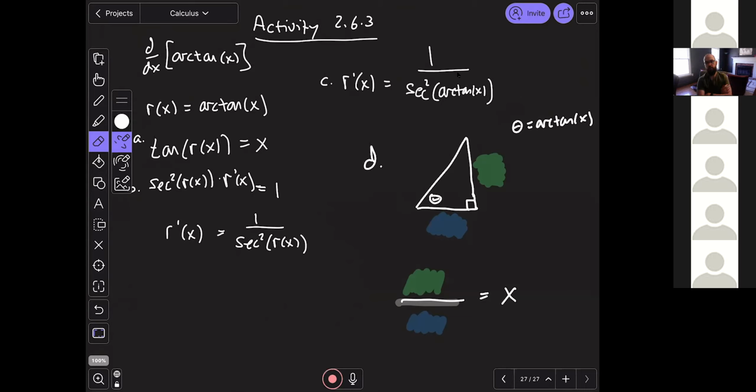So they're not going to be numbers, so it's going to be expressions, right? So you can use x if that makes sense. You could pick numbers, but what you want is the result of this to be x. So you want to pick something for green and something for blue, so that when you simplify, the result is just x.